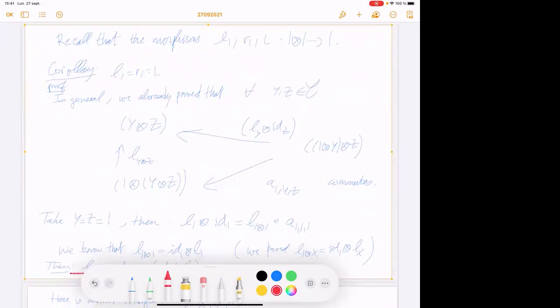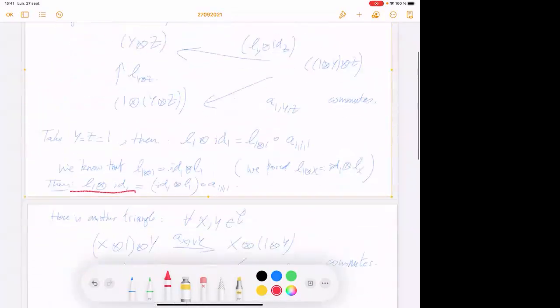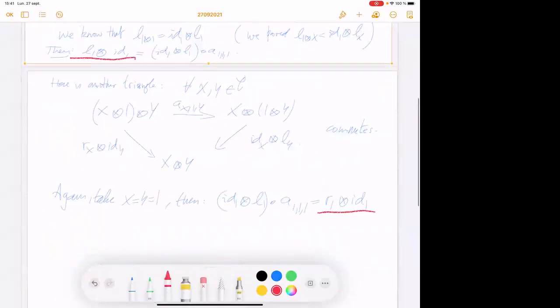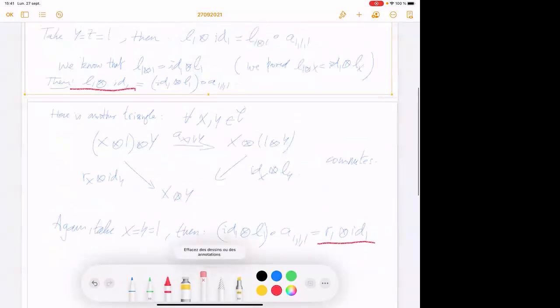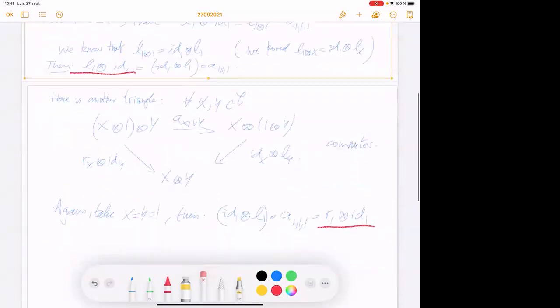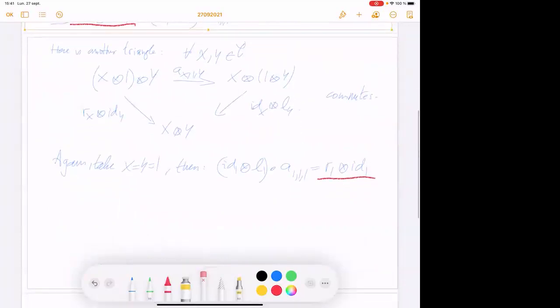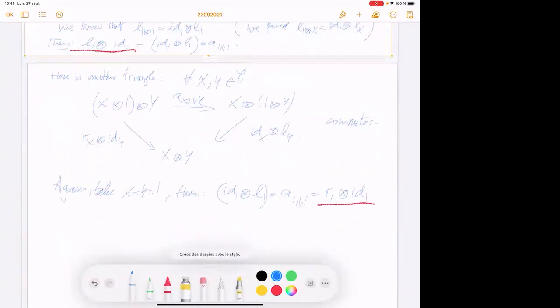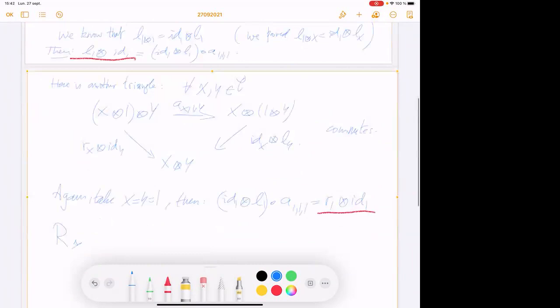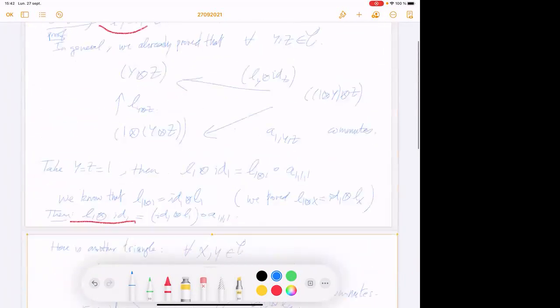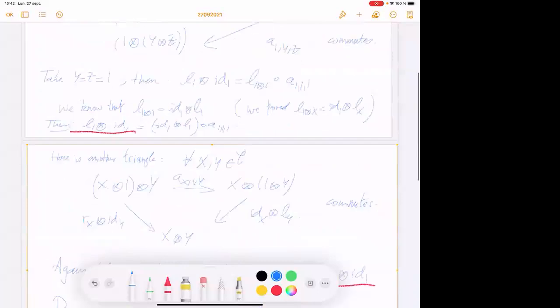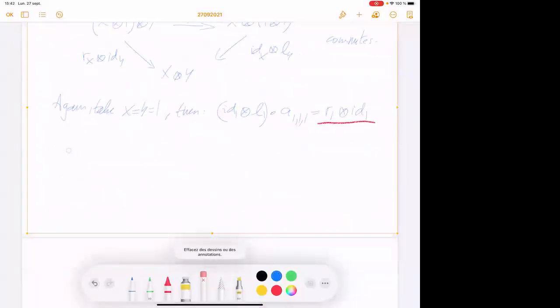We need to come back. In fact, we have the equality up to tensoring by ID1. But we know that tensoring with ID1 corresponds to R1. So I will explain. But R1, we know that it's an equivalence of categories. So you have an inverse on the morphisms. So you get that L1 equal R1. But we also need the equality with iota.